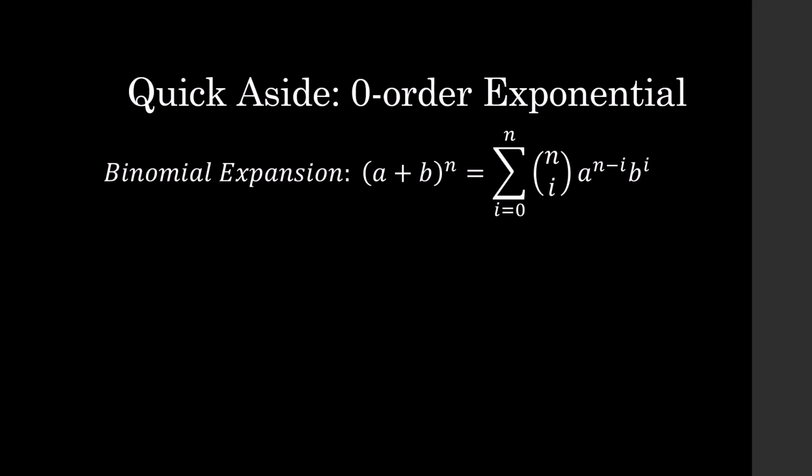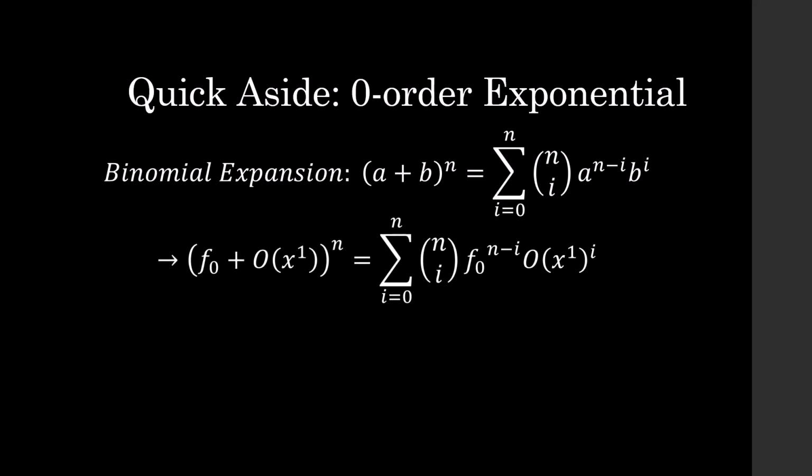To analyze this, we just use the binomial expansion, which is defined as (a plus b) to the n being the sum from i equals 0 to n of n choose i, a to the n minus i times b to the i. So if we recognize that f naught is our a in this case, and our order x polynomial is our b, we have the sum from i equals 0 to n, n choose i, f naught to the n minus i times O to the i.